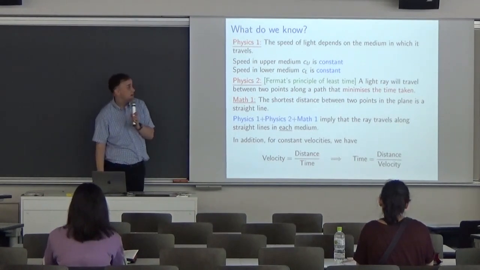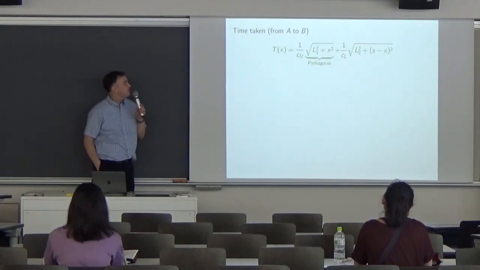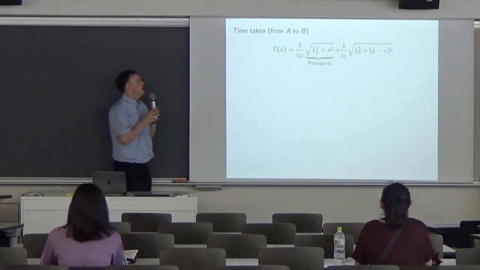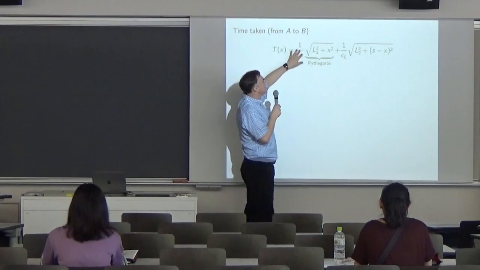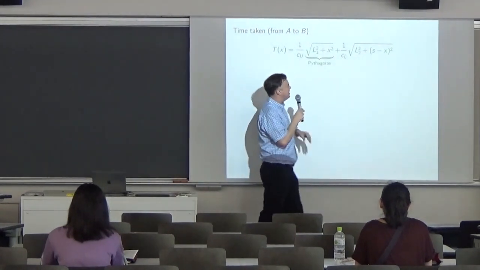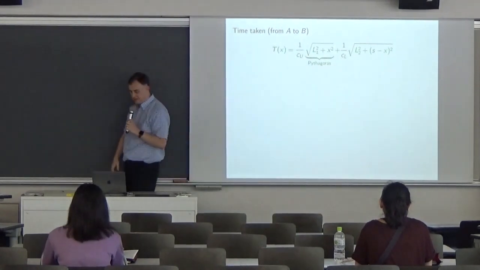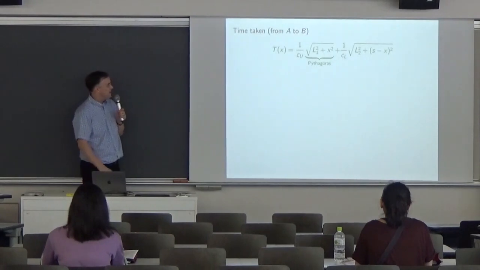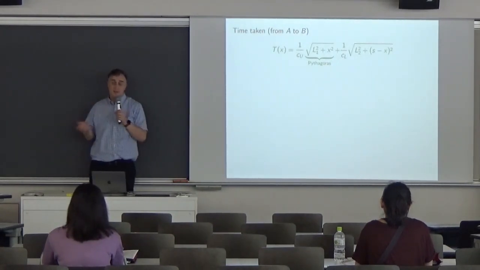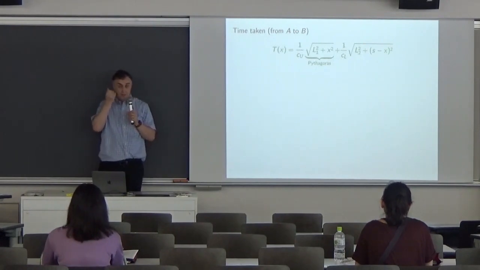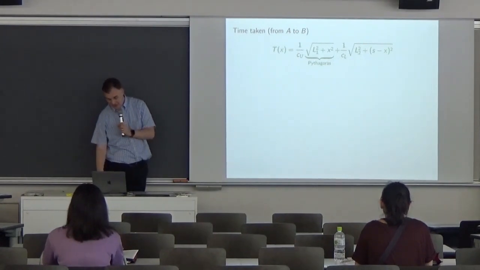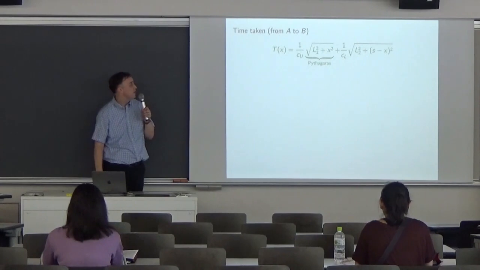It's just in terms of Pythagoras. So the time taken from A to B is basically 1 over the speed multiplied by the distance taken by the Pythagoras calculation. And if I can minimize this function, then the value of x that does that will give me basically the exact location where the ray passes through the boundary.